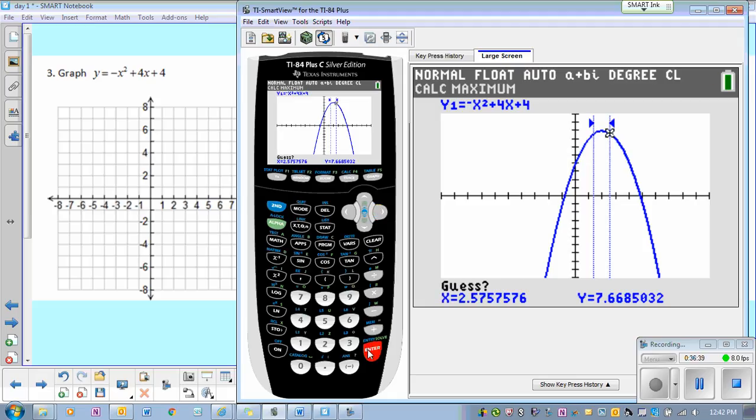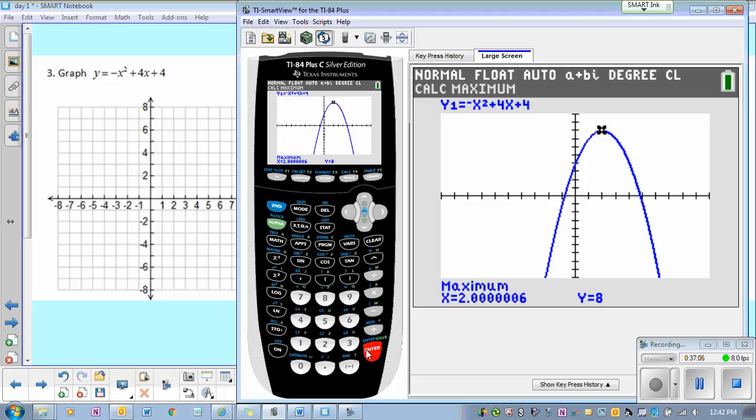So you see how I'm telling my calculator where to look. From this left to that right, look there to get the maximum. And it says guess. Hit enter. 2.0000, that's 2. 2, comma 8.